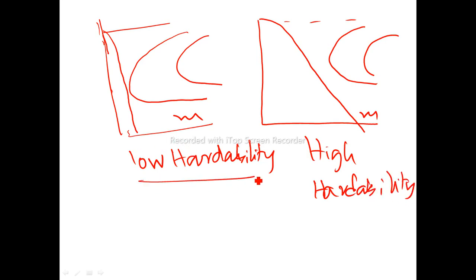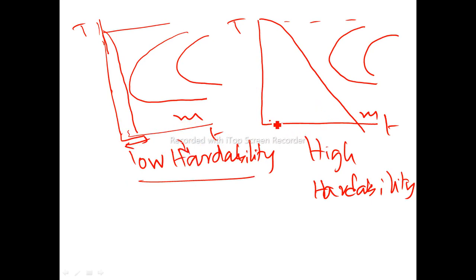So this means the ease with which it can form a martensitic structure. This is time and temperature. With very little time, with a fast quenching, we can get the martensitic structure, which is very difficult here. So that's why it has low hardenability.